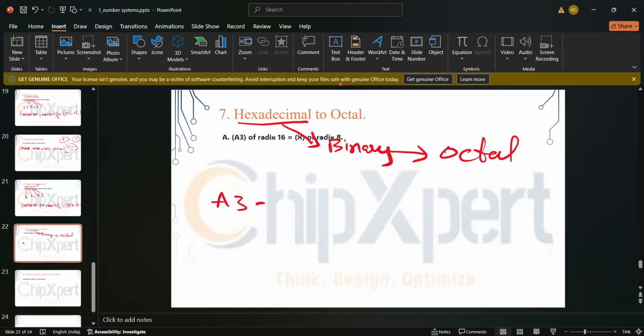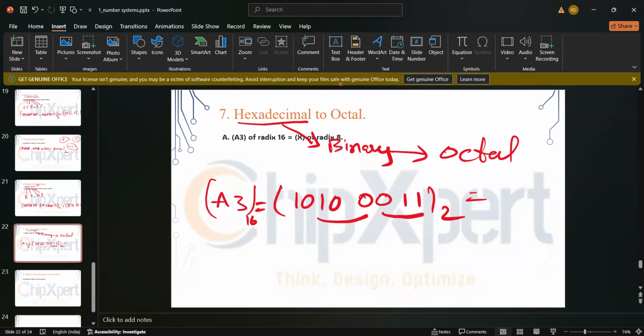So A3. What was the representation of A3 in binary format? A is 10, right? 1010, and 3 is 0011. This is the binary representation of your hexadecimal number, and I want to convert this number into octal. How am I going to do it? I'm going to club 3 bits.